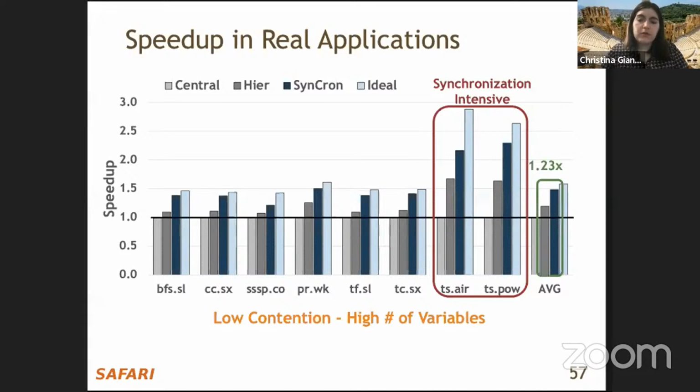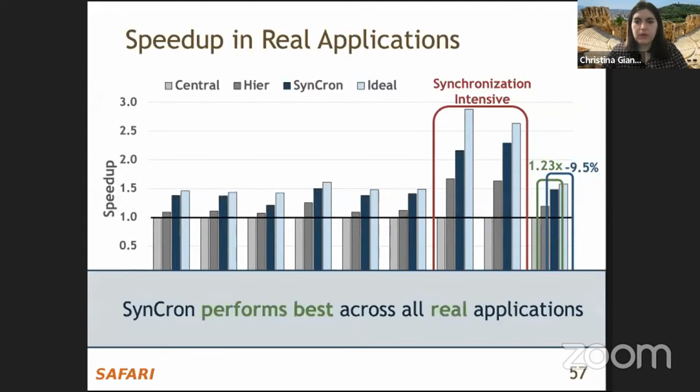And overall, we found that Synchron outperforms the prior best performing scheme by 1.23 times, and also comes within 9.5% of the performance of an ideal zero overhead synchronization scheme. And we conclude that Synchron performs best across all real applications.